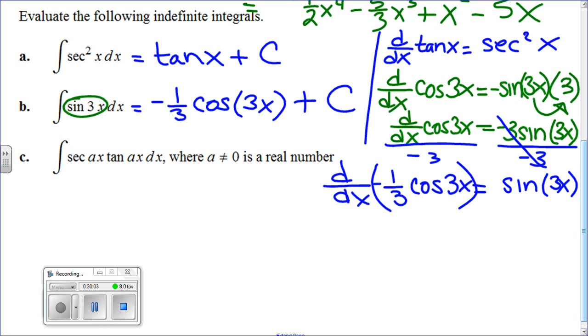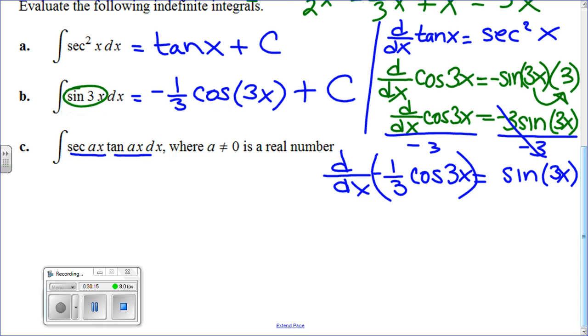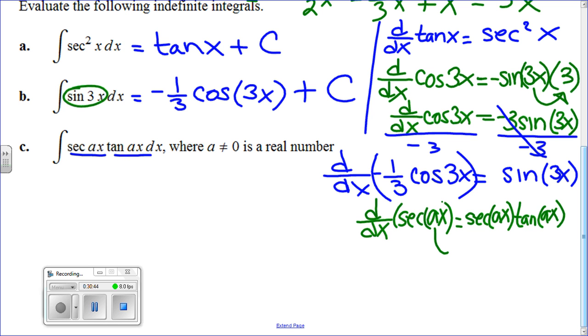Right, now let's do the next one, and we see secant and tangent. Do you guys remember something that has something like that? It's actually secant. So if we just say, what is the derivative? What is the d/dx of secant ax? It's going to be the secant of the same angle times the tangent of that same angle, but then we need to take the derivative of the angle, right?